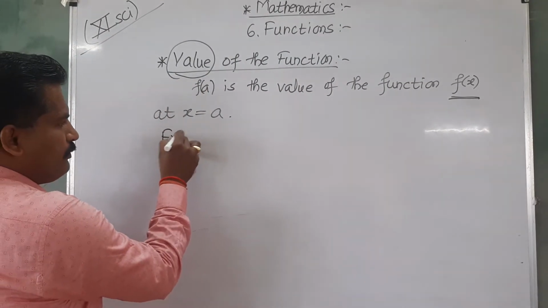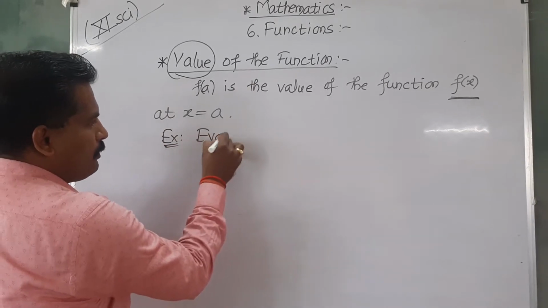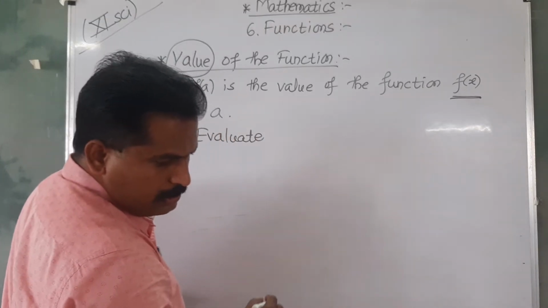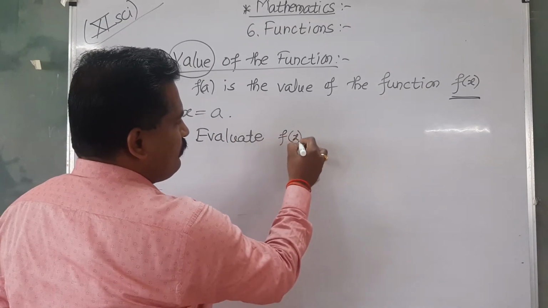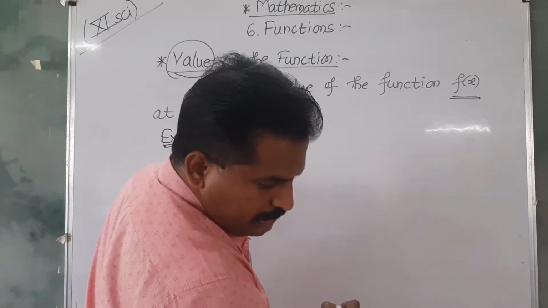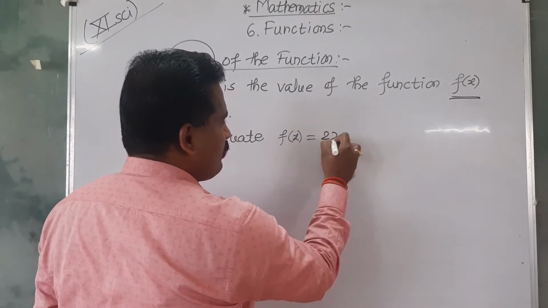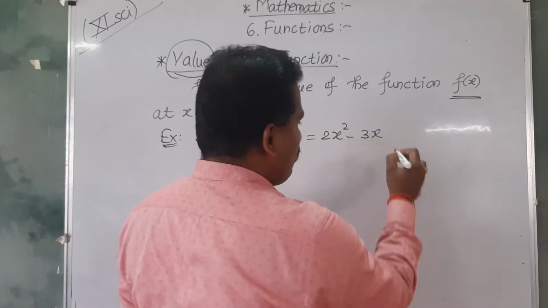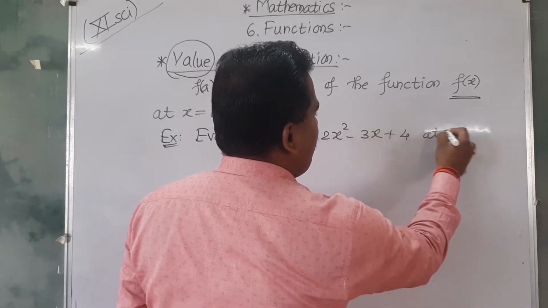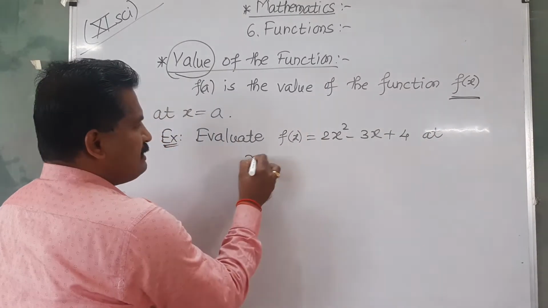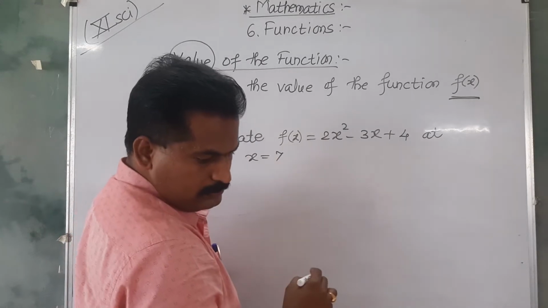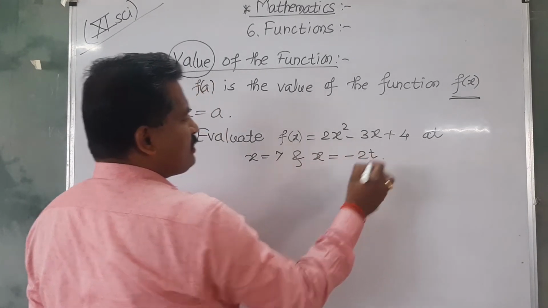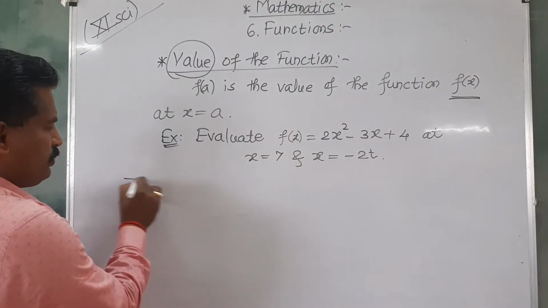Evaluate f of x is equal to 2x square minus 3x plus 4 at x is equal to 7 and x is equal to minus 2t.